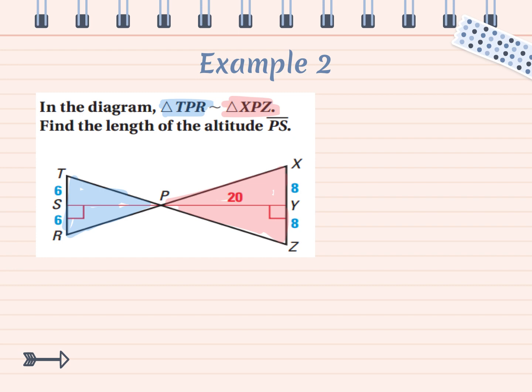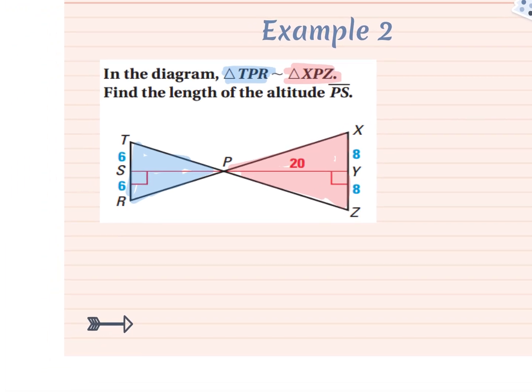So yes, that was in the first semester, but you still need to know what an altitude is moving forward in this second semester. So in the particular picture here, PS is an altitude and so is PY. Remember, the altitude is always the perpendicular segment coming out of the vertex. And there's actually three altitudes in this, but we're only referring to PS and PY.